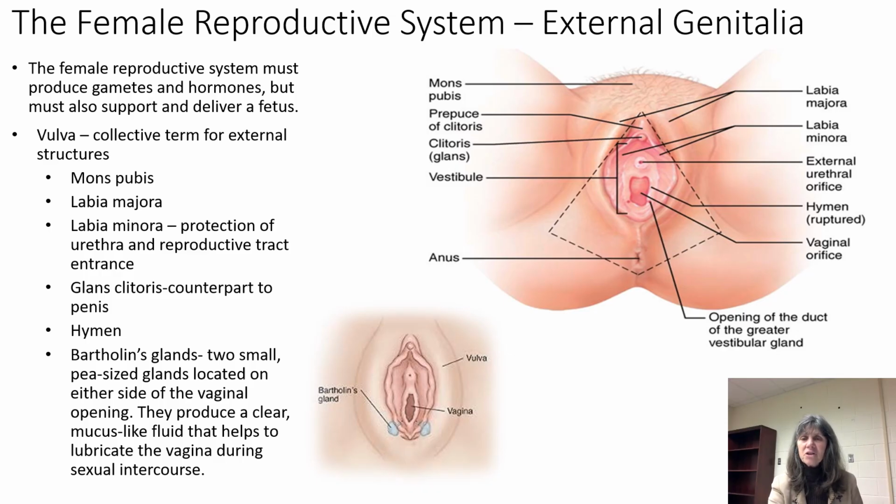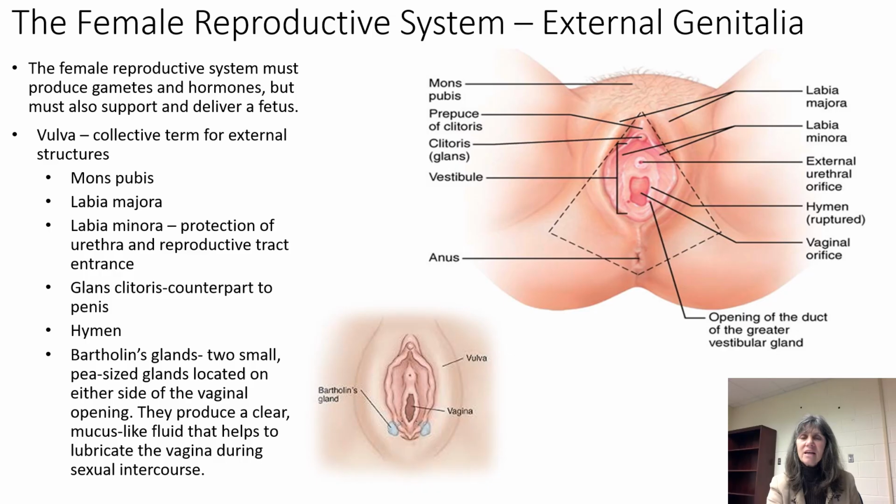On this picture, you can see the orifice for the anus and get a better understanding of how close that is to the external urethral orifice, which is why it's easier for women to get urinary tract infections.